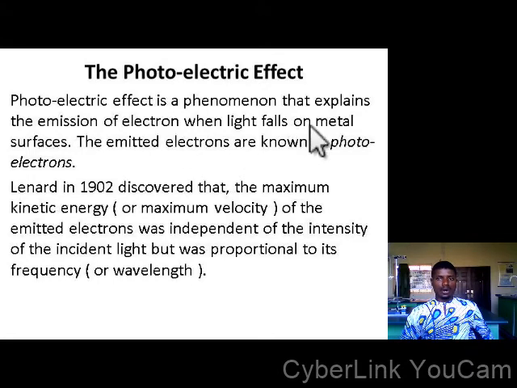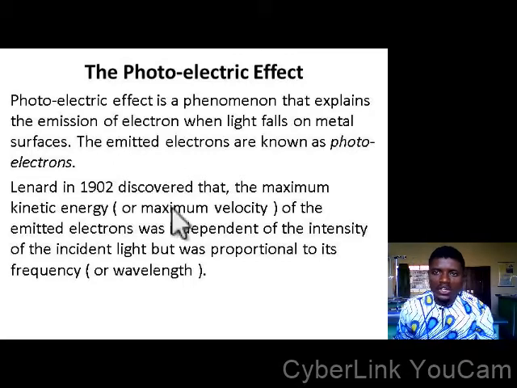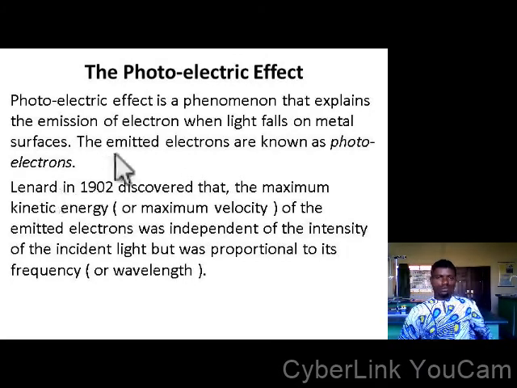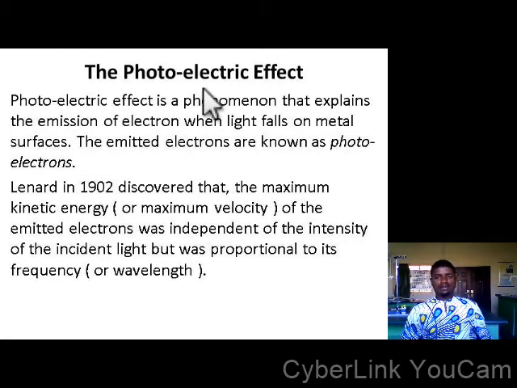The emitted electrons are known as photoelectrons. Lenard in 1902 discovered that the maximum kinetic energy or the maximum velocity of the emitted electrons was independent of the intensity of the incident light, but was proportional to its frequency.